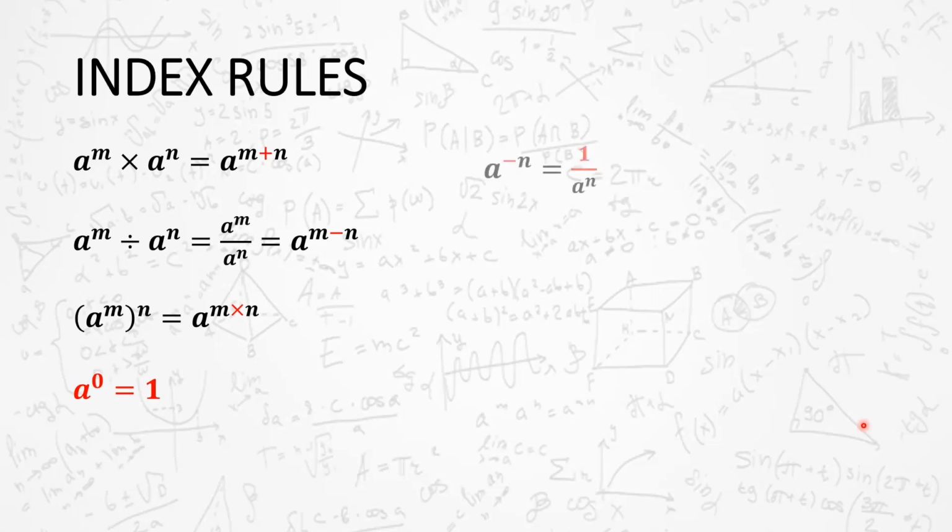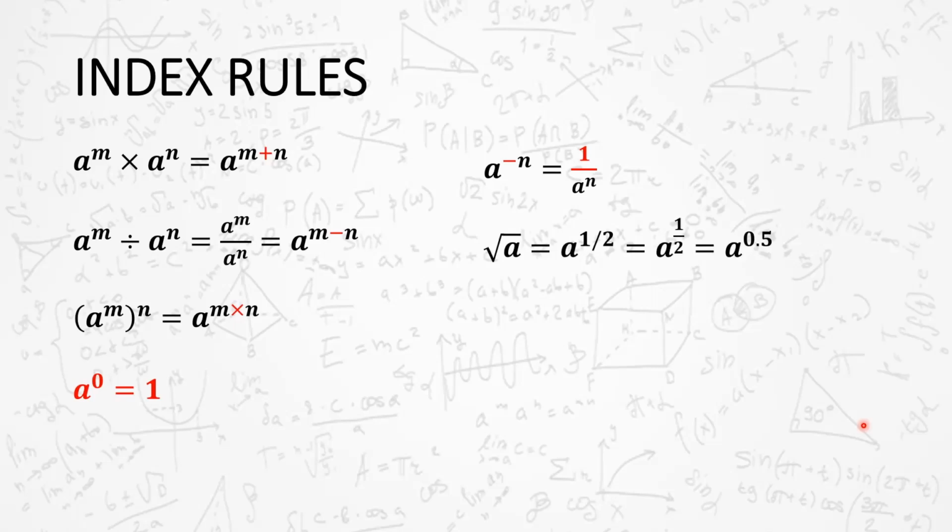Then we have a negative indice. So a to the power negative n, the minus sign will give you the reciprocal, which is 1 over. So a to the power minus n equals 1 over a to the power n. Then we have fractional indices.